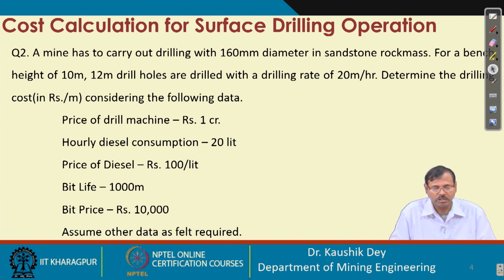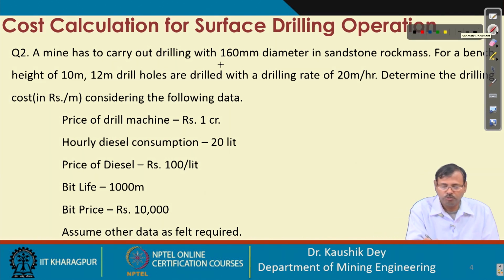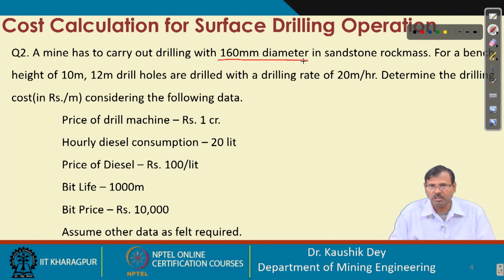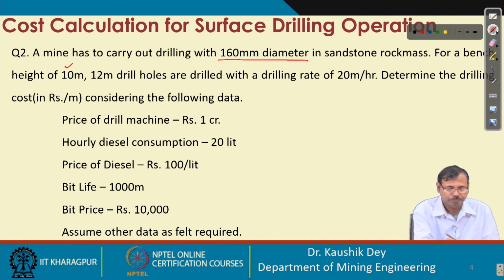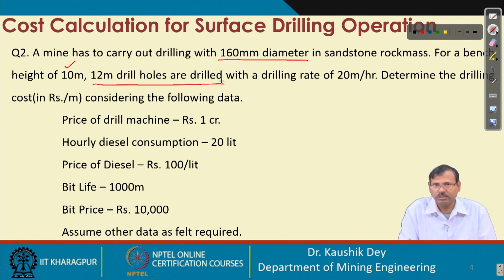Consider a mine using a 160 mm diameter drill machine for drilling the blast holes in a sandstone rock mass. Say the bench height is 10 meter and 12 meter drill holes are drilled, that means 2 meter sub drilling has to be carried out, and the drilling rate is given.